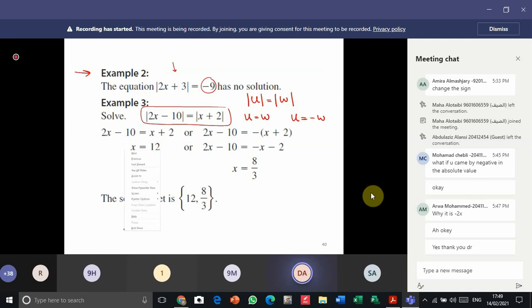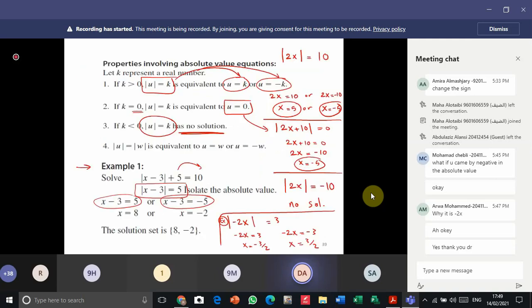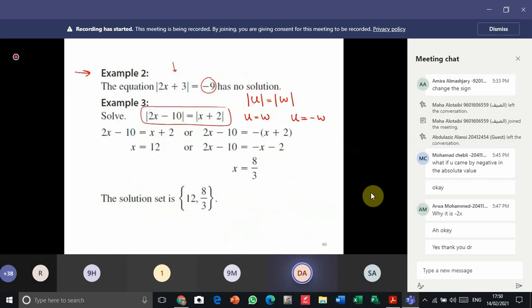I think this was written before. Here, number 4. If we have absolute value u equal absolute value w, on both sides, put the negative on one of any side, w or u, no problem: u equal w, u equal negative w. So we have 2x minus 10 equal x plus 2, this is the first.